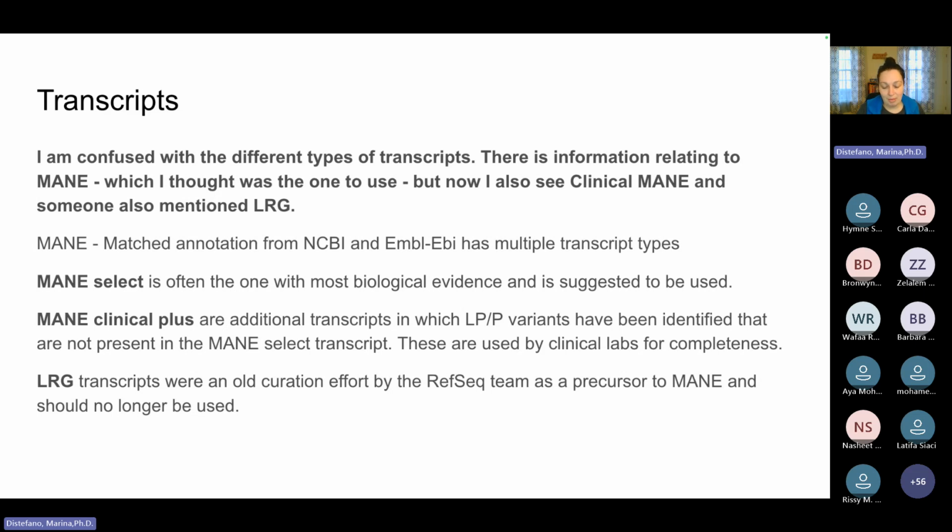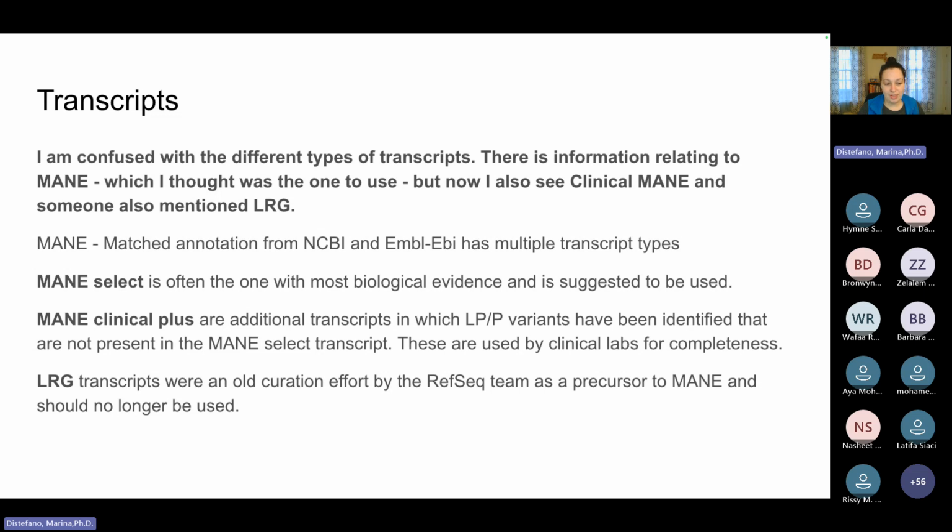And if a potential well-known path or likely path variant that would be present in a coding section of a clinical plus transcript is non-coding or deep intronic or something like that on a main select transcript, it could easily be filtered out in a clinical pipeline. So that's why clinical labs try to work towards completeness and not just using the main select transcript every time. So that's why you may see that certain genes have multiple main transcripts in that way.